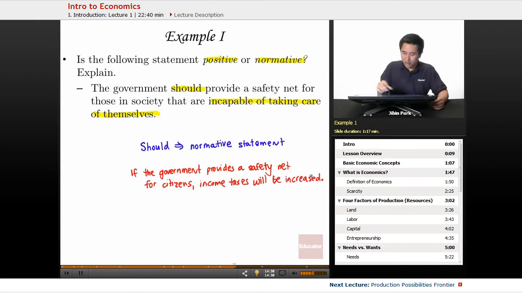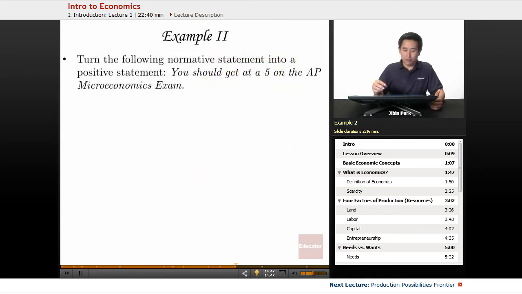So again, this is more of a positive statement rather than a value-based judgment, which is what normative economics would be.